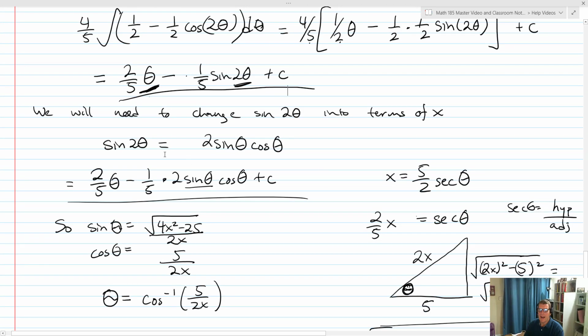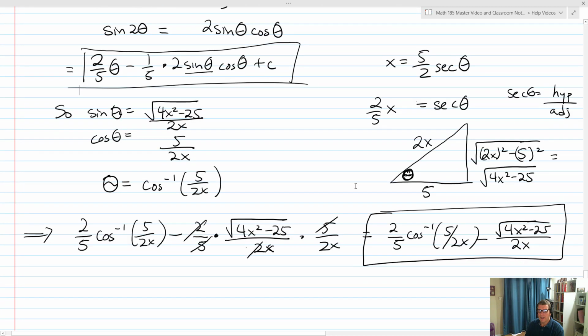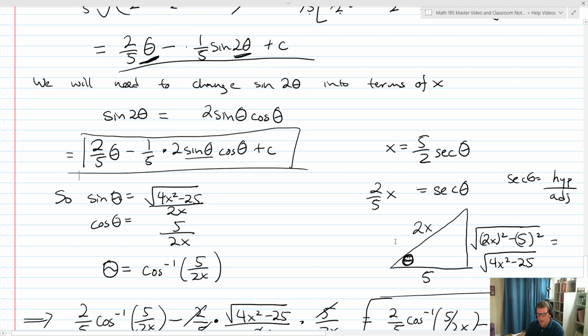We used another trig substitution for that too. Once we did that, we could rewrite the solution to the integral with just single thetas. Finally, we want to construct a right triangle utilizing our original substitution, x equals 5/2 secant theta, and the fact that secant theta in this case is hypotenuse over adjacent. So even more trig here.